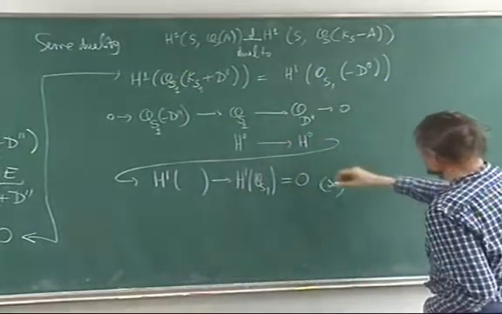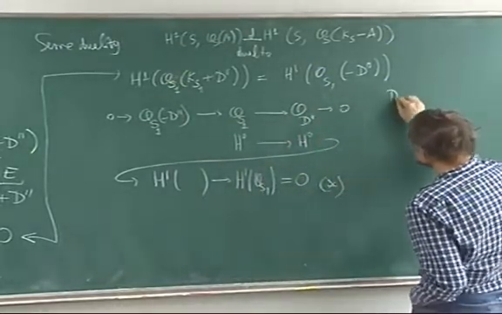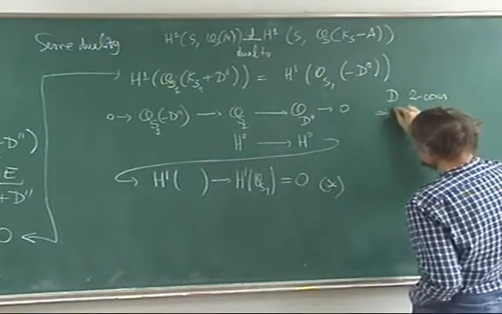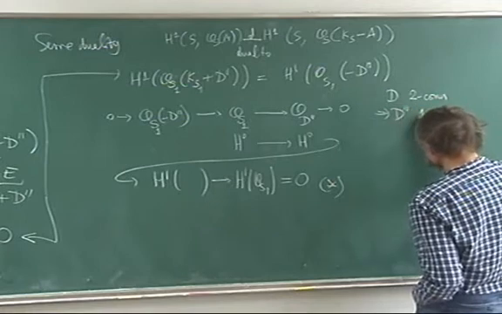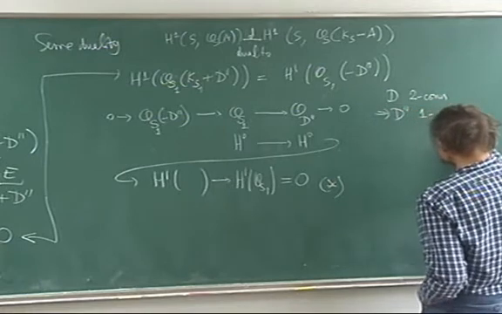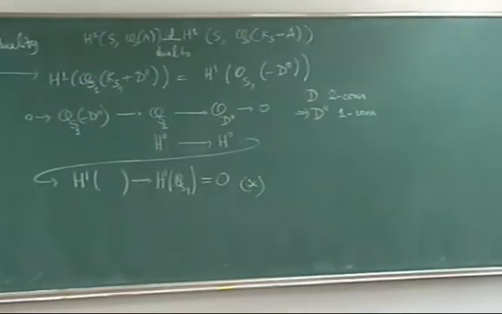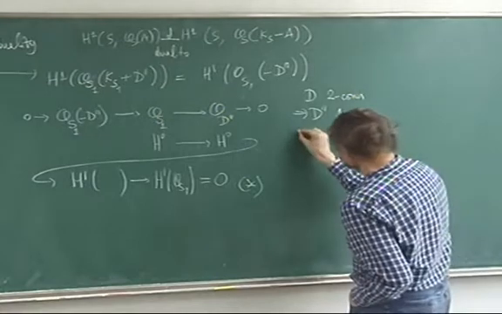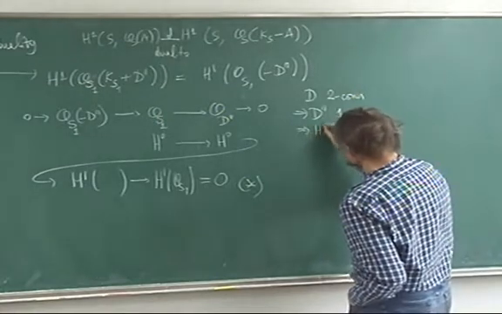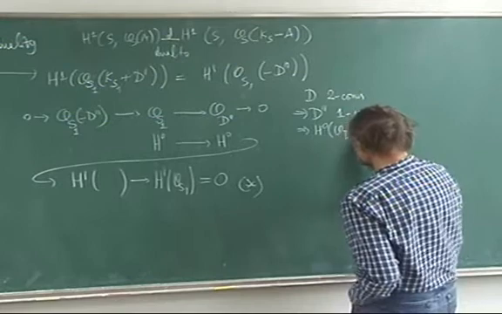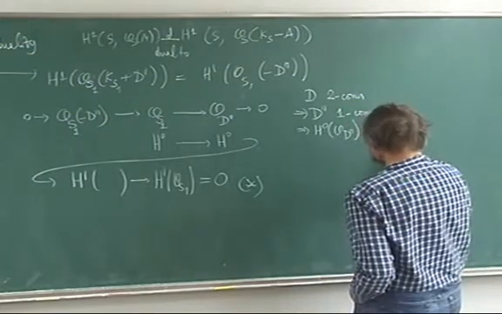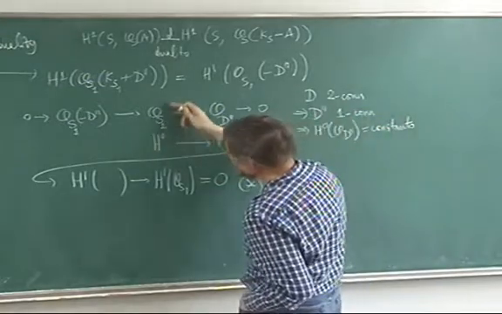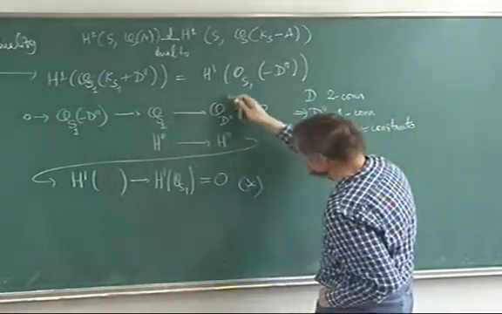Right, and I showed last time that D2 connected implies that D double prime is 1 connected. So this is a simple calculation of intersection numbers, and this implies that H naught OD double prime is the constants and nothing else. So the sections of this guy are only the constants, the sections of this guy are only the constants.